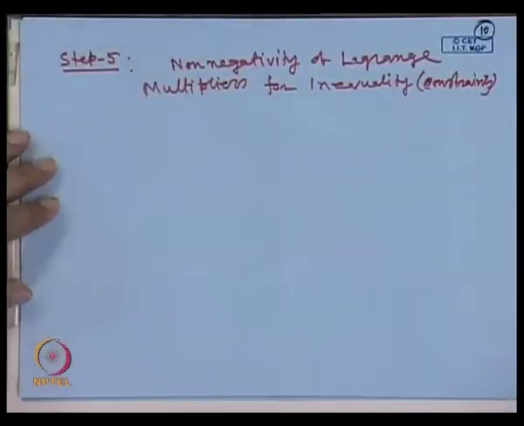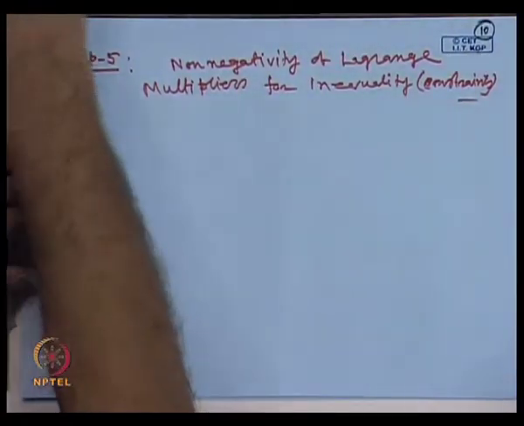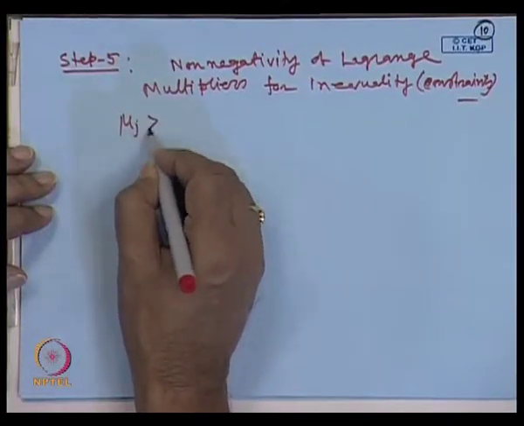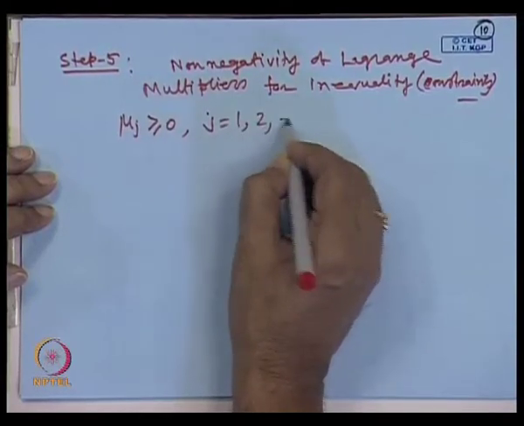Okay. So next is this one, mu j is greater than or equal to 0, j is equal to 1, 2, up to m.